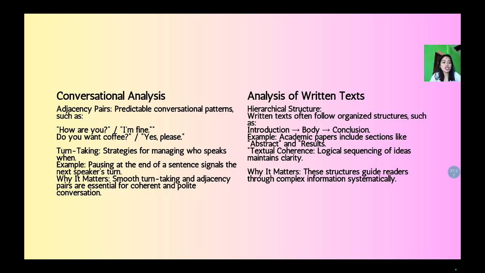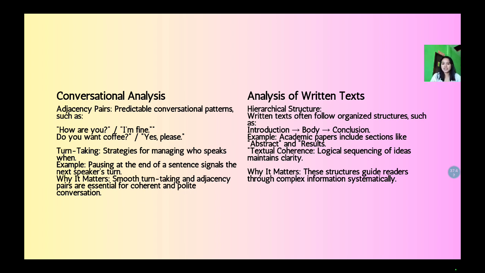Next is conversational analysis, adjacency pairs. These are predictable conversation patterns such as, how are you? I'm fine. Do you want coffee? Yes, please. Turn-taking strategies are strategies for managing who speaks when.